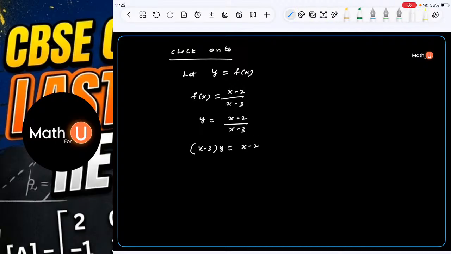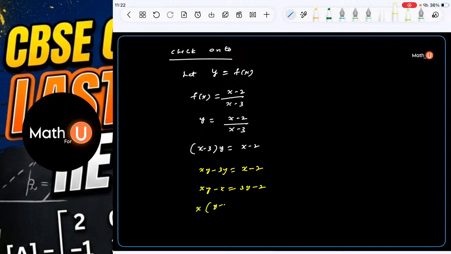This is the function in terms of x. We have to express it in terms of y now. What we get: multiply, xy minus 3y is equal to x minus 2. Then xy minus x is equal to 3y minus 2. Take x common, we get x into y minus 1 is equal to 3y minus 2. x equal to 3y minus 2 by y minus 1. This is the x value we get.